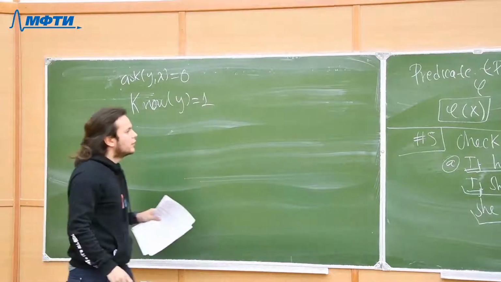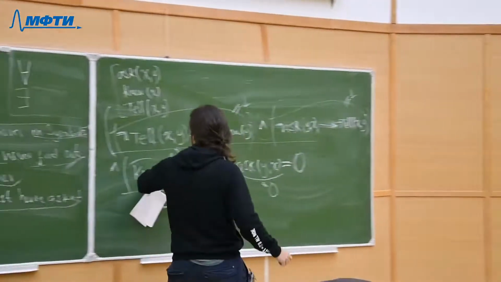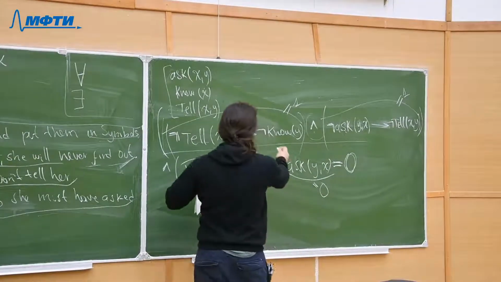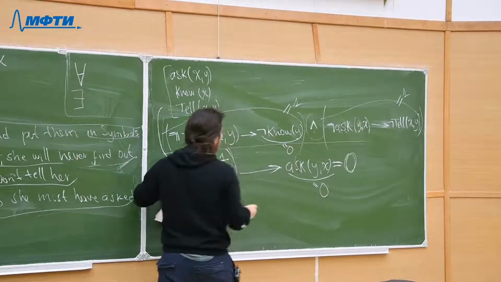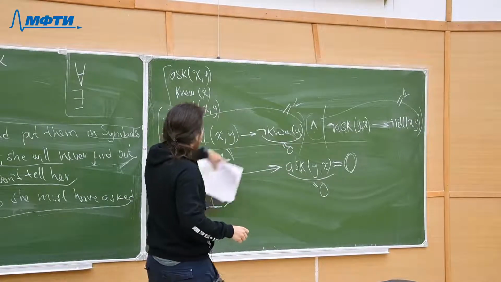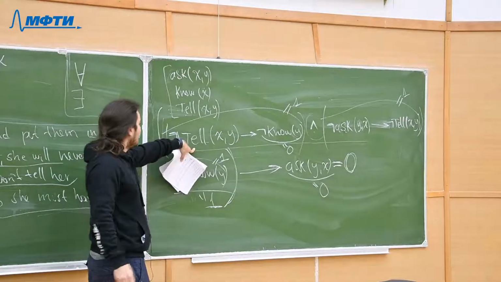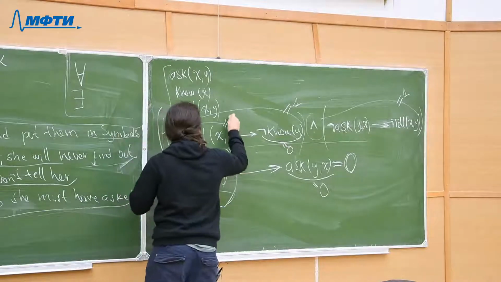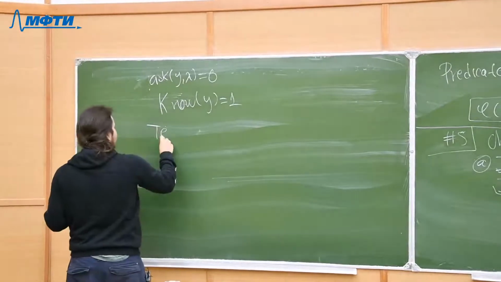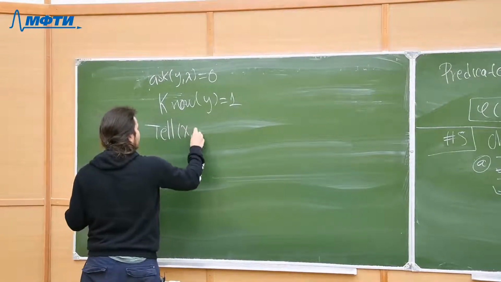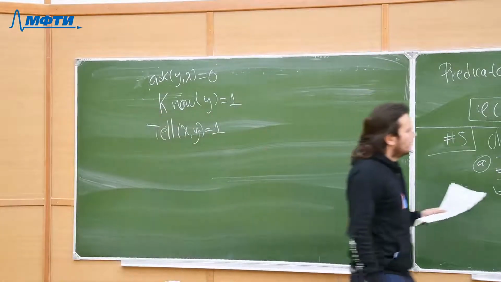What else? So let's go. So no here. So this is 1, so this has to be 0, right? And this is 1, so this has to be 0. So he tells her, right? Yes.